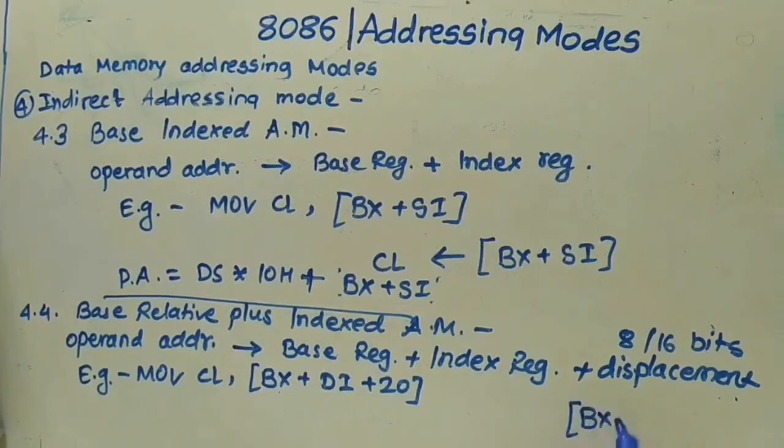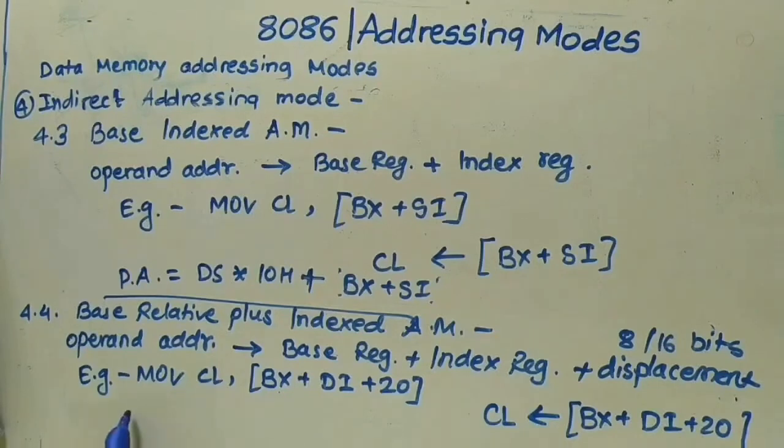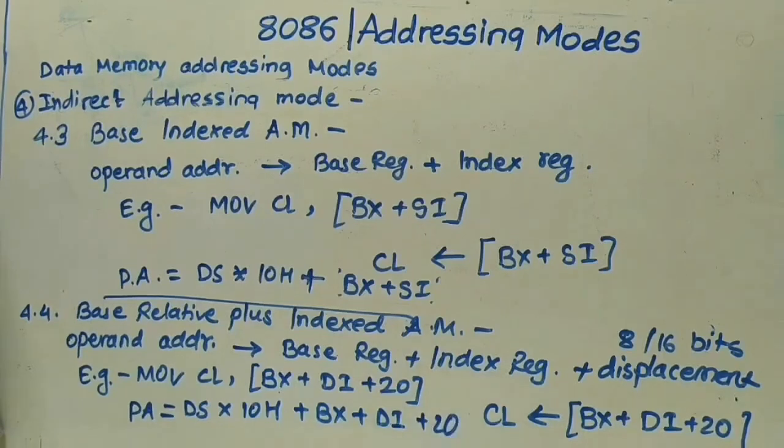So from this location the data is moved into the CL register, and the physical address is calculated as DS into 10H plus BX plus DI plus 20. Sorry, here let's consider, instead of DI, it is SI, that is source index.